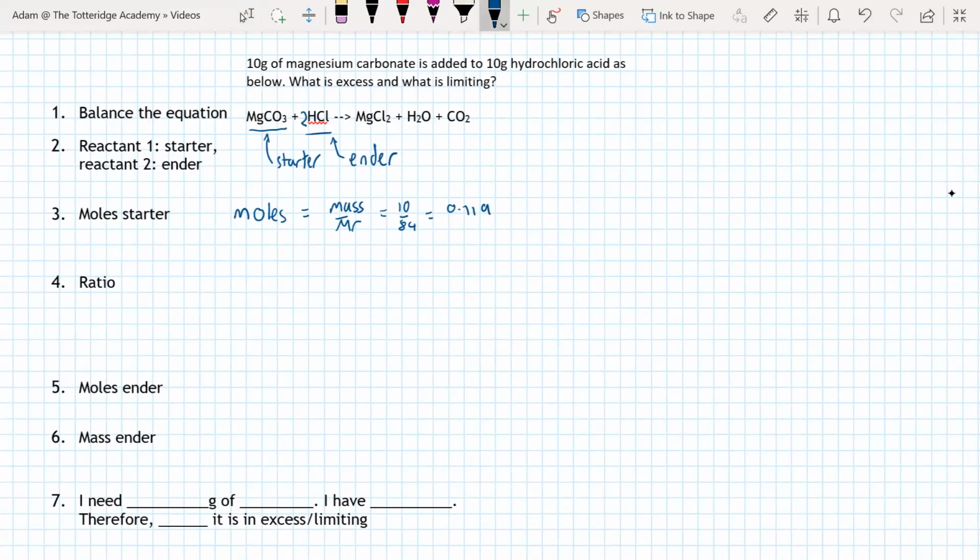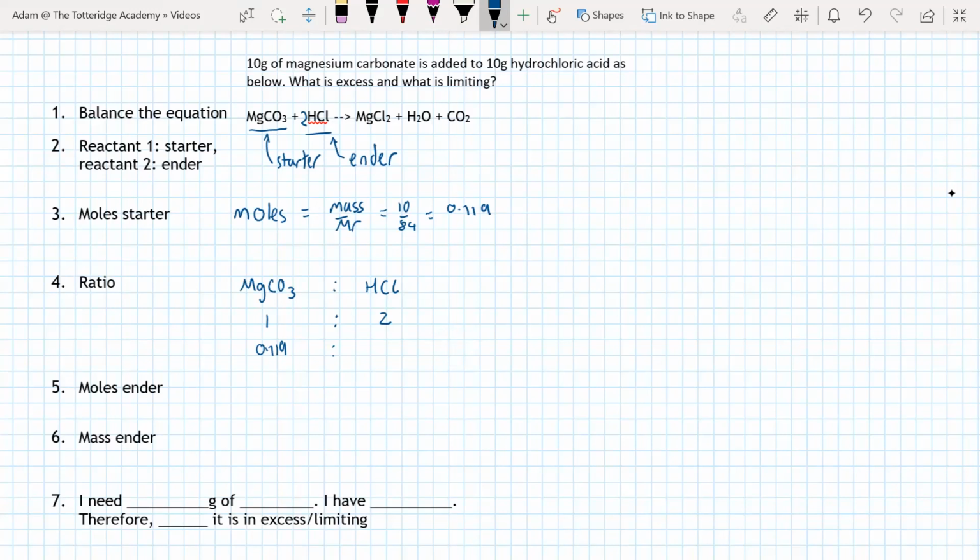Our ratio is MgCO3 to HCl, which in this case is 1 to 2, because I've got an imaginary 1 in front of here and an actual 2 over there. Now, what that means is that if I put 0.119 moles here, I'm going to have twice that amount over here.